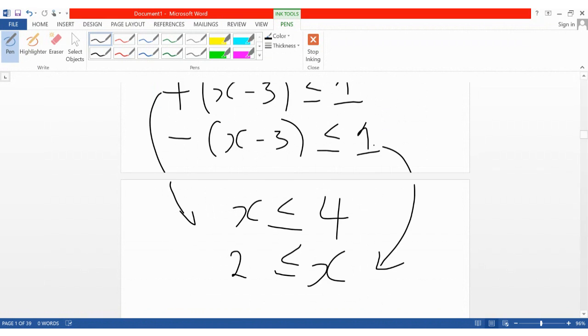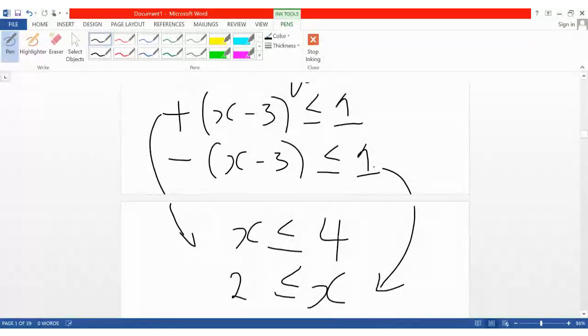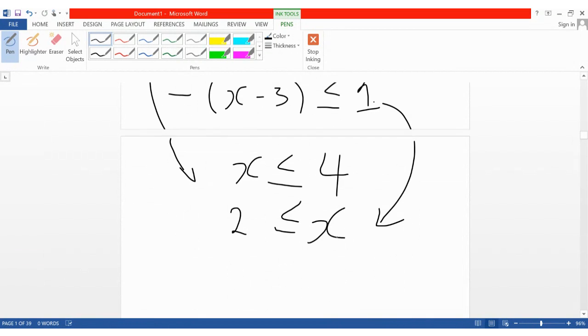The first one was easy. I've taken the negative 3 to the other side and it became positive. For the other one, I opened up the bracket and got negative x, positive 3. Then I took the x to the other side, then I brought the 1 to the other side. So I get that one. Now I can join this inequality. The first one is x is less than or equal to 4.